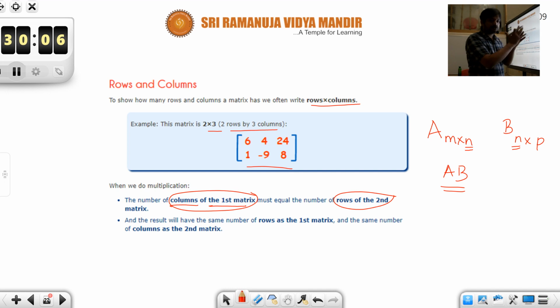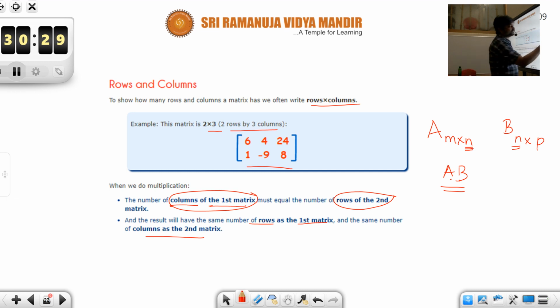So to multiply two matrices, the number of columns of the first matrix should be equal to the number of rows of the second matrix, and the result will have the same number of rows as the first matrix and the same number of columns as the second matrix. These are very important conditions.